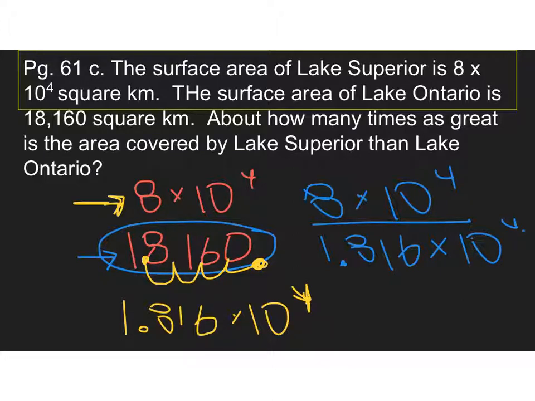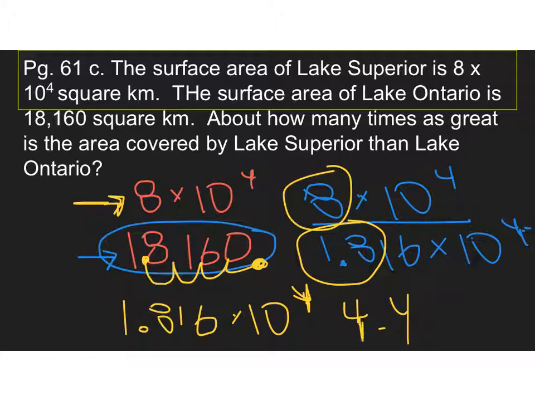Alright, so to divide this out, we're going to start off with our numbers that are in front. So we'll divide 8 by 1.816. So to divide 8, the numerator, by 1.816, you should get about 4.4. We're going to round to the 10th place.